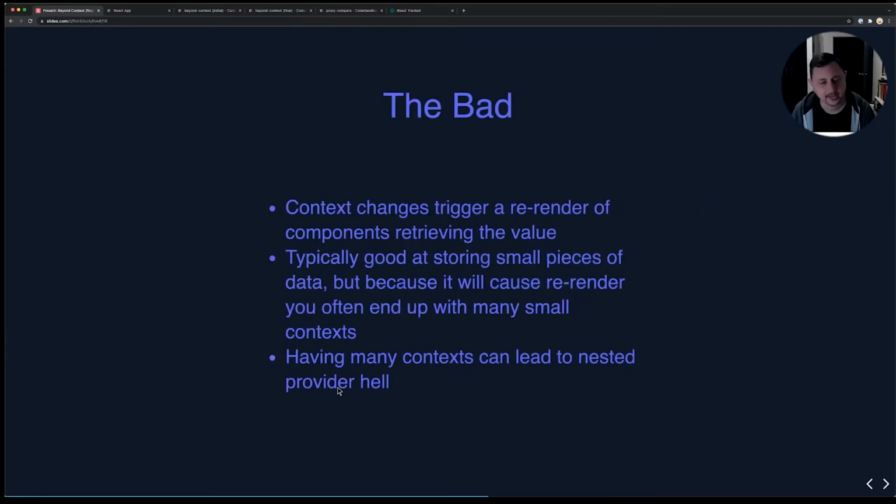But there's some baggage here as well. Context changes will trigger re-renders of the components that are retrieving the value. So the component that asks for the value from context is going to re-render when context changes. And that's to be expected, right? We want that component to re-render when context changes because the value it cared about might have changed. Context is great for storing these small sets of data.